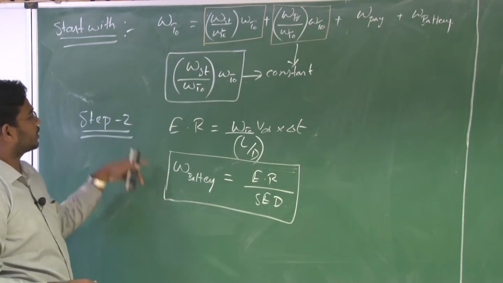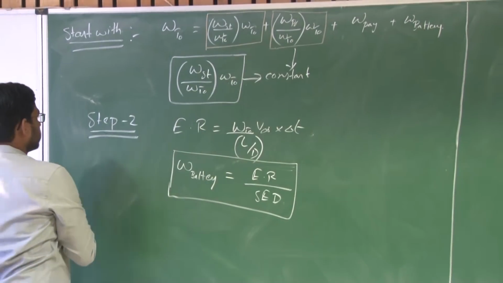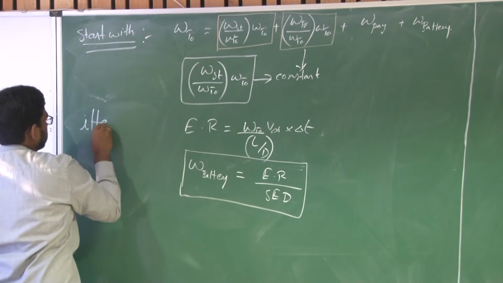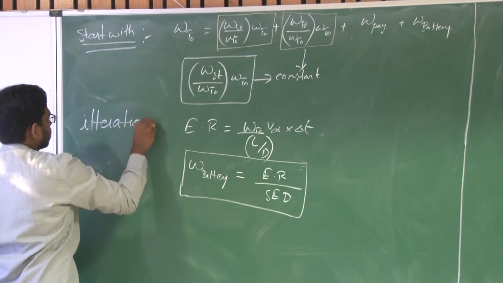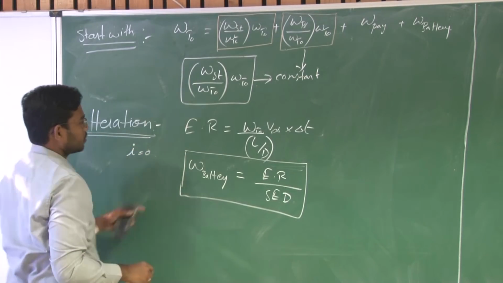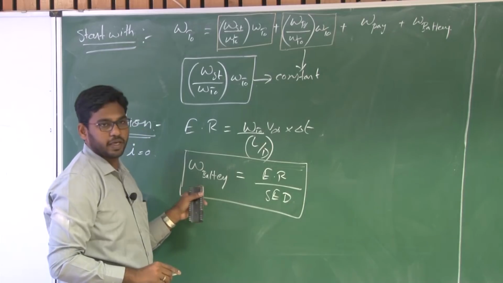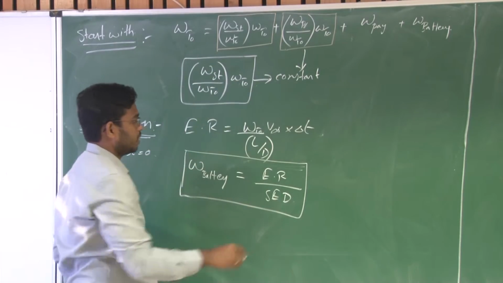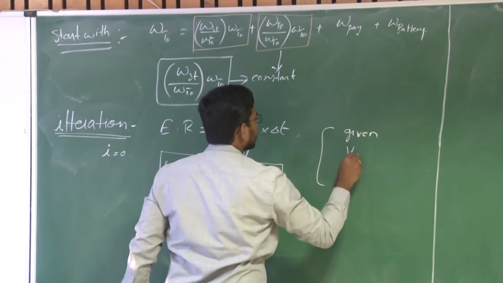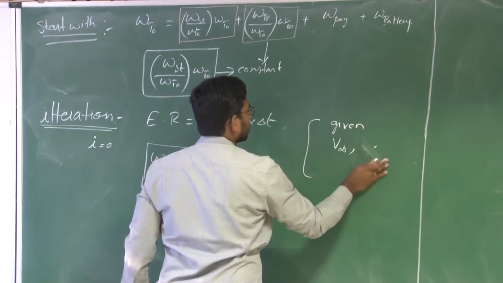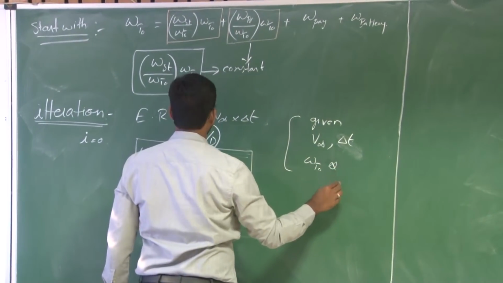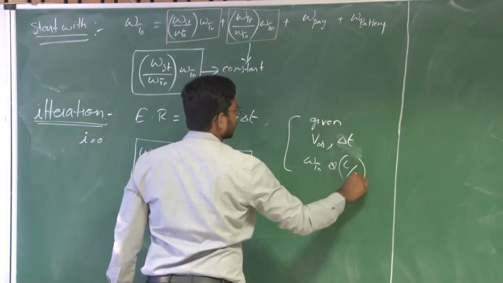Now to start the iteration at i equals 0, you estimate the corresponding battery weight with this takeoff weight, right? With given V infinity and delta T, these are from mission requirements, and W takeoff and L by D from the historical database.